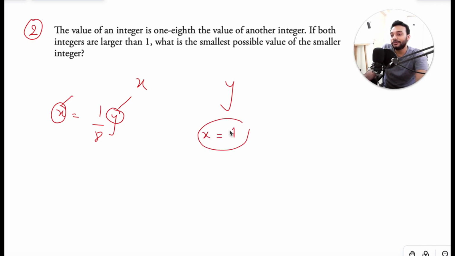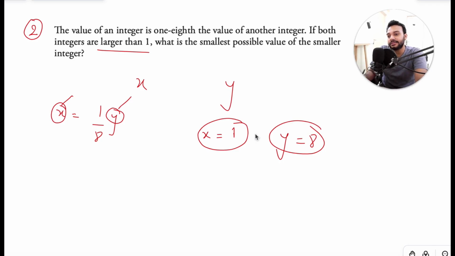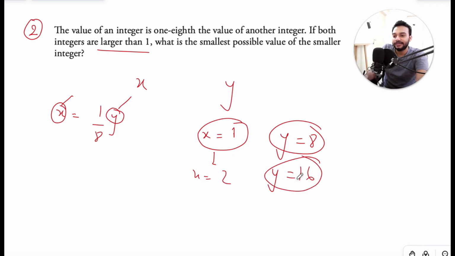When X is equal to 1, Y is equal to 8, but this case is not allowed because they're larger than 1. So the next integer larger than 1 is X equal to 2. If I put X equal to 2, Y is 16. So the smallest possible value for the smaller integer is 2. 2 is the answer for this. It's a grid-in question. Okay, let's go ahead to the next one.